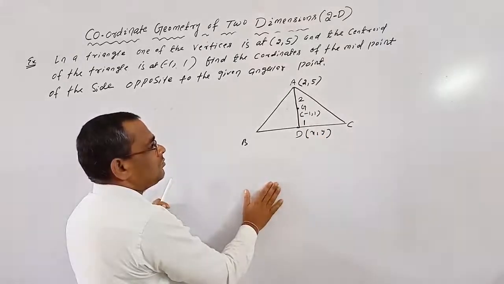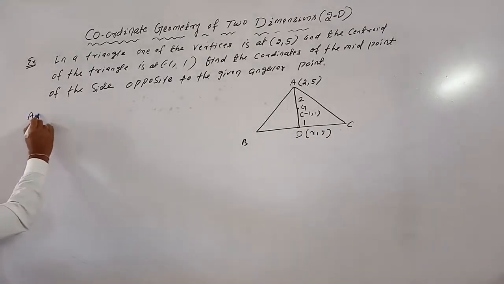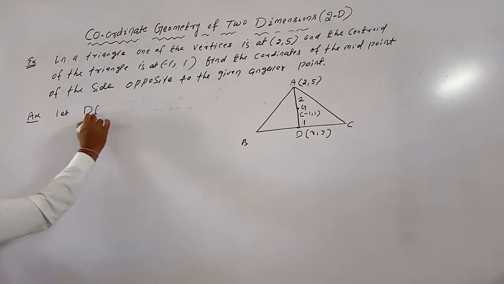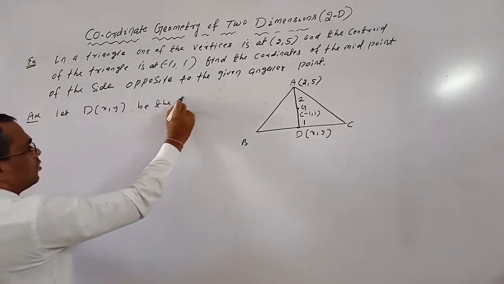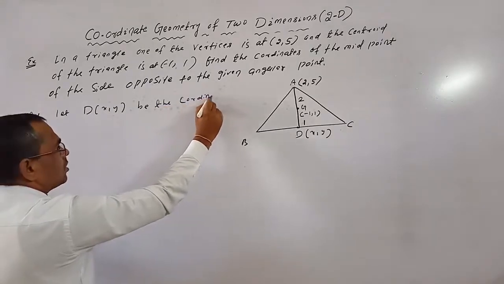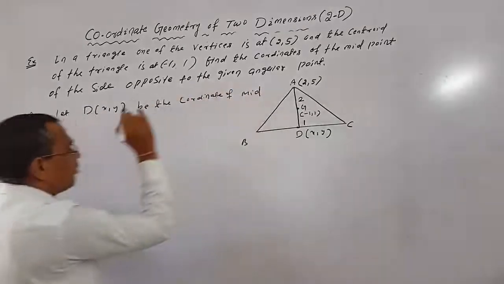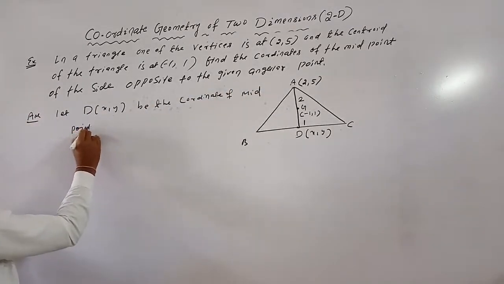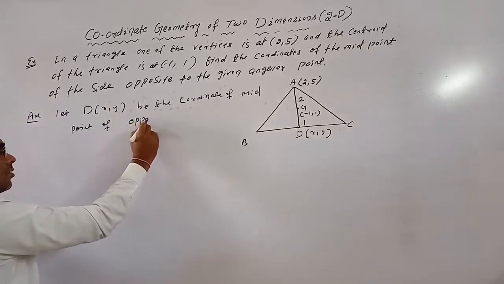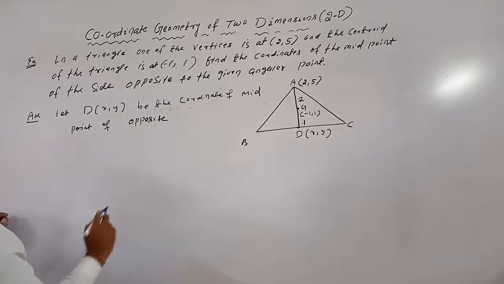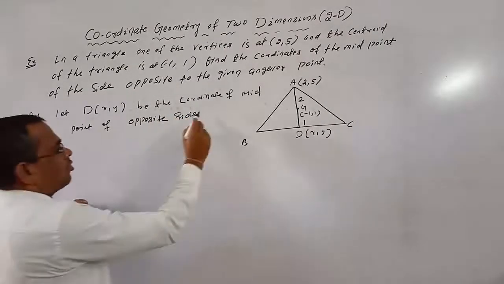Okay, so suppose we take the answer. Let D of x, y be the coordinate of the midpoint of the opposite side of the given angular point 2,5.